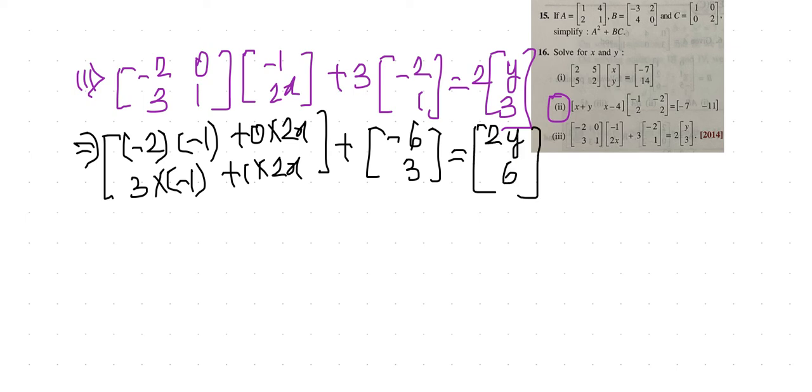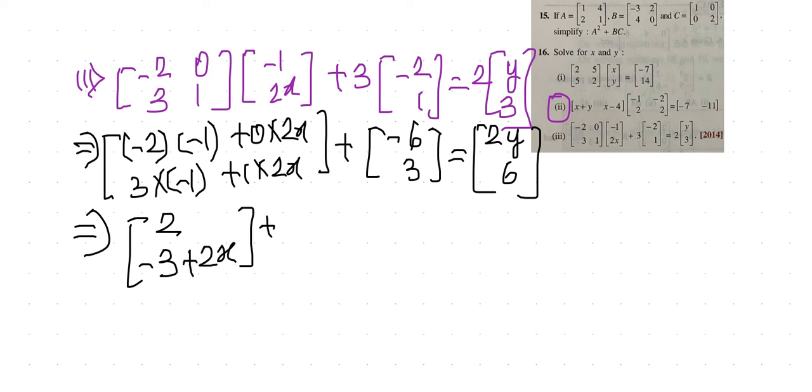So this is what we are getting. And now we'll be just solving them. So here in the numerator, what are you getting? Minus 2 and minus 1 gives you 2. So write down 2, and here minus 3 plus 2x. And this is being added to minus 6 and 3. And then this is being equal to 2y and 6.